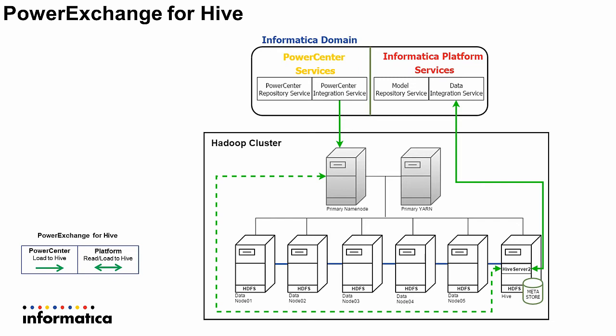So there's a difference here. You have to understand what PowerCenter can do and what the platform services can do, right? So again, quick recap. With PowerCenter, I can load data to Hive, and with the platform, the DIS, I can read data from Hive and I can write data to Hive.